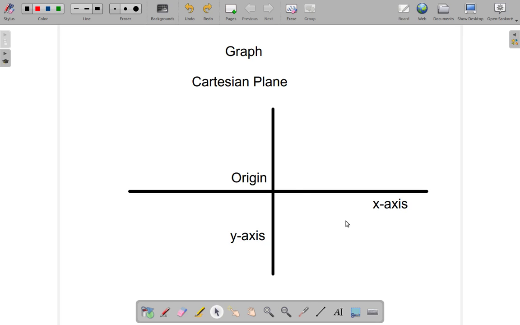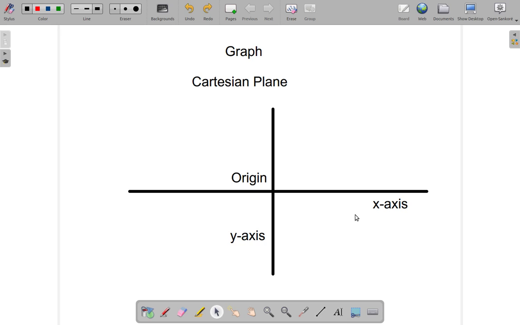Now, the horizontal line, as I said, is called the horizontal axis, which is the x-axis. The vertical line is called the vertical axis, also known as the y-axis. Usually we just say x and y-axis, alright?